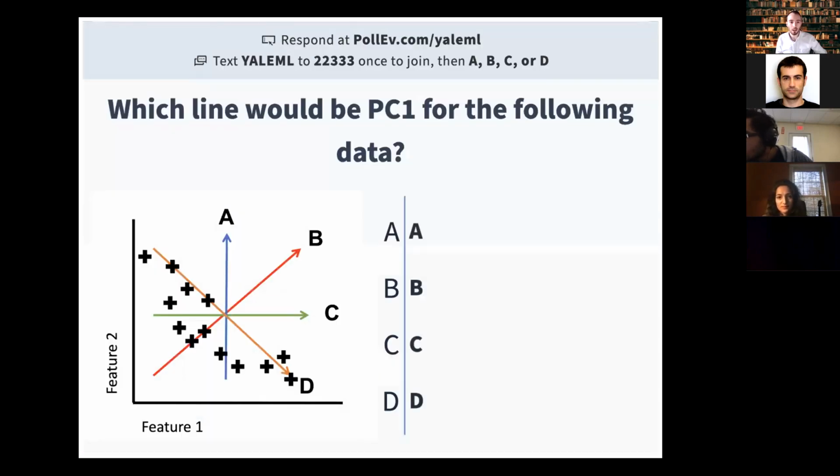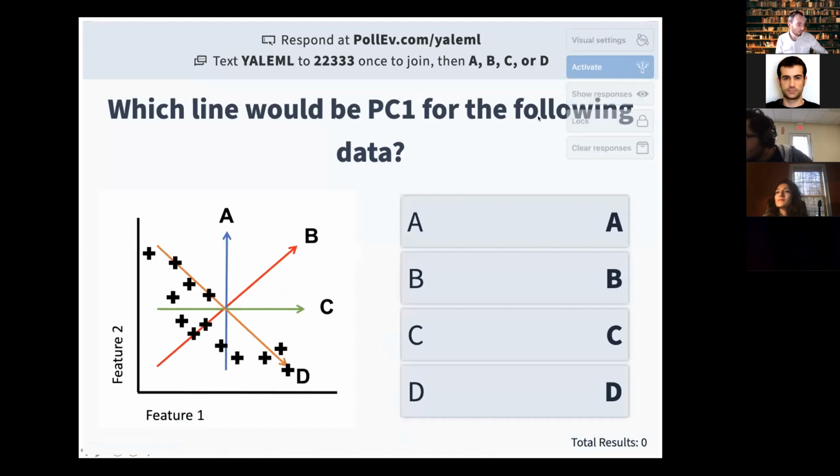So I'm going to show you a new data set, and I would like you to predict which do you think is going to be PC1 for this data set. This is not the same data set as before. A, B, C, or D?